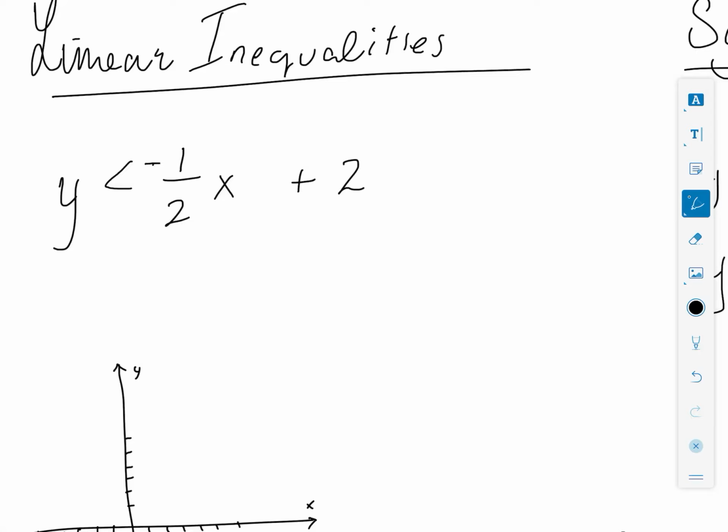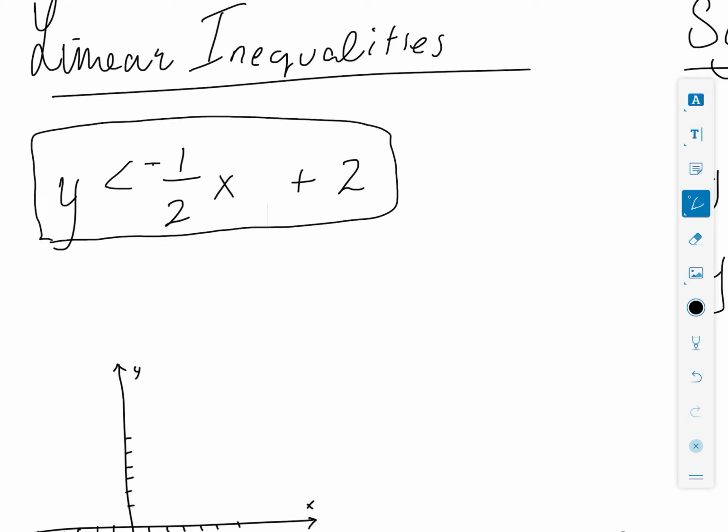Now, this statement right here, y is less than negative 1/2 x plus 2. Clearly, if this was just a linear equation, I'd have y equals negative 1/2 x plus 2, with a slope of negative 1/2 and a y-intercept of 2.